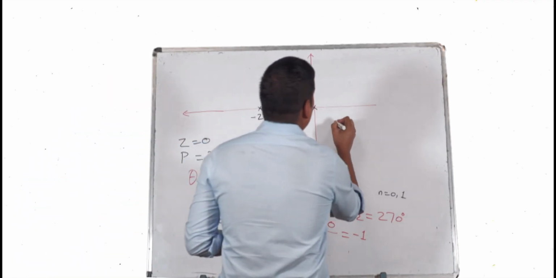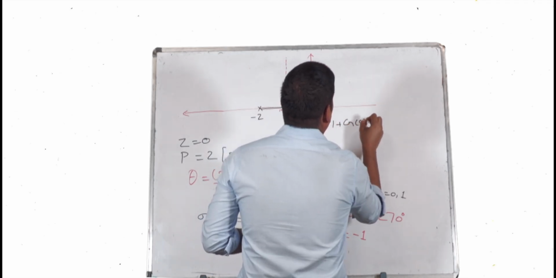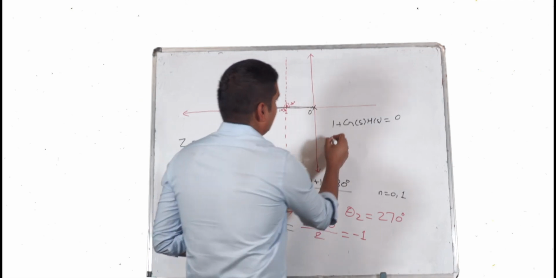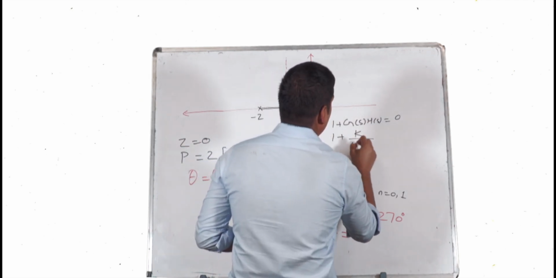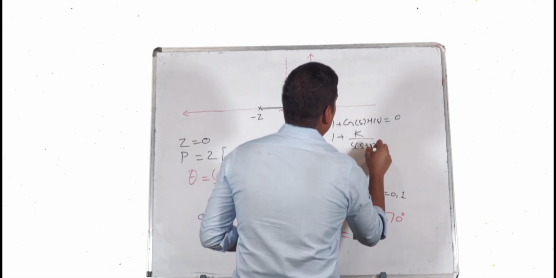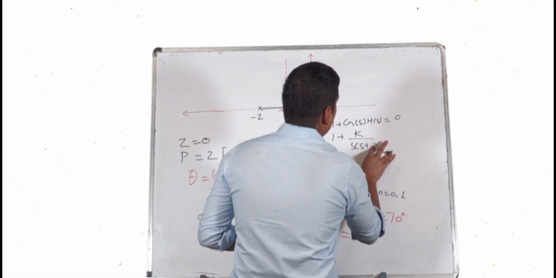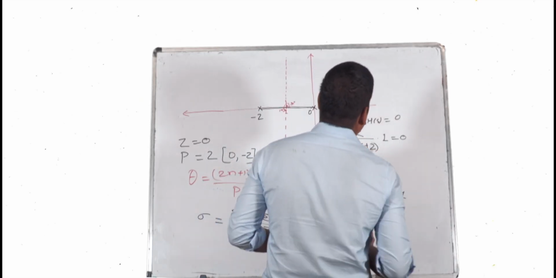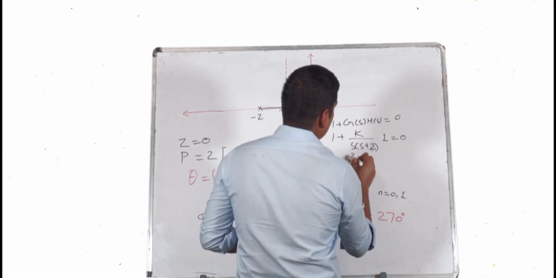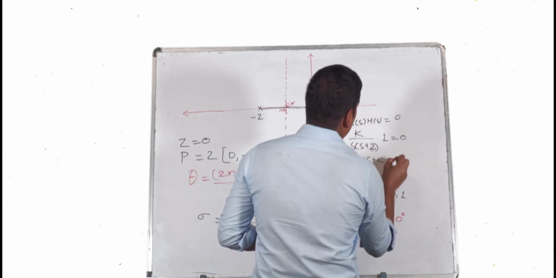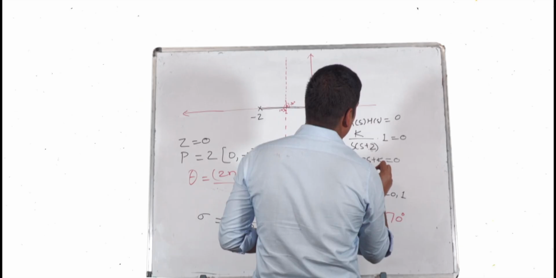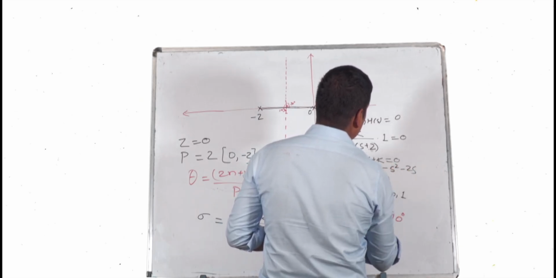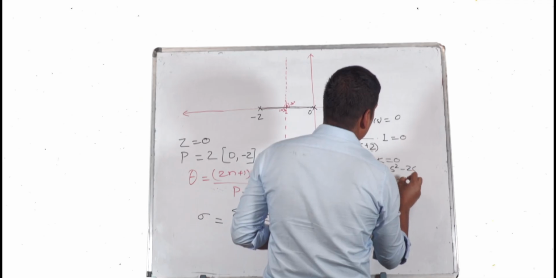The simple method is 1 plus G(s)H(s) equals to 0. By putting in 1 plus K by s(s plus 2) multiplied by 1 equals to 0, we get the equation s square plus 2s plus K equals to 0, and we can simply find K equals to minus s square minus 2s, and dK by ds will be minus of 2s minus 2.